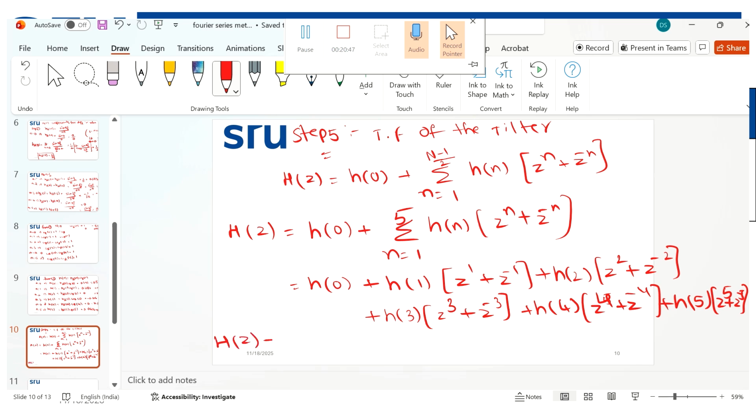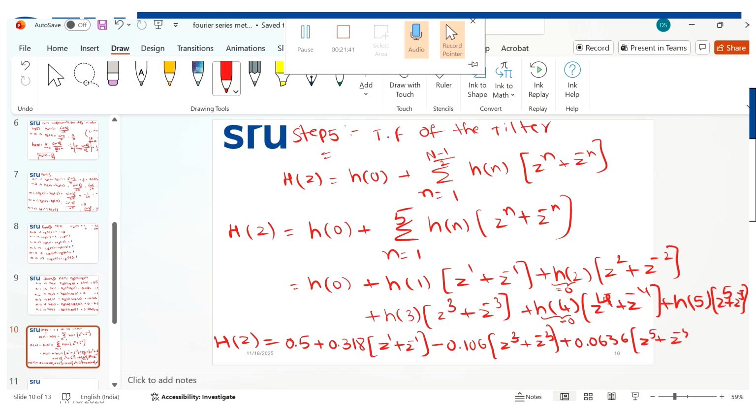Substitute all those values in H(z). So H(z) equals, h(0) value is 0.5, plus h(1) value 0.318 into (z^1 plus z^-1). h(2) value minus 0.106 (z^2 plus z^-2). h(3) value is 0, as well as h(4) is 0, so I am not writing those expressions. h(5) value is 0.0636 into (z^5 plus z^-5).